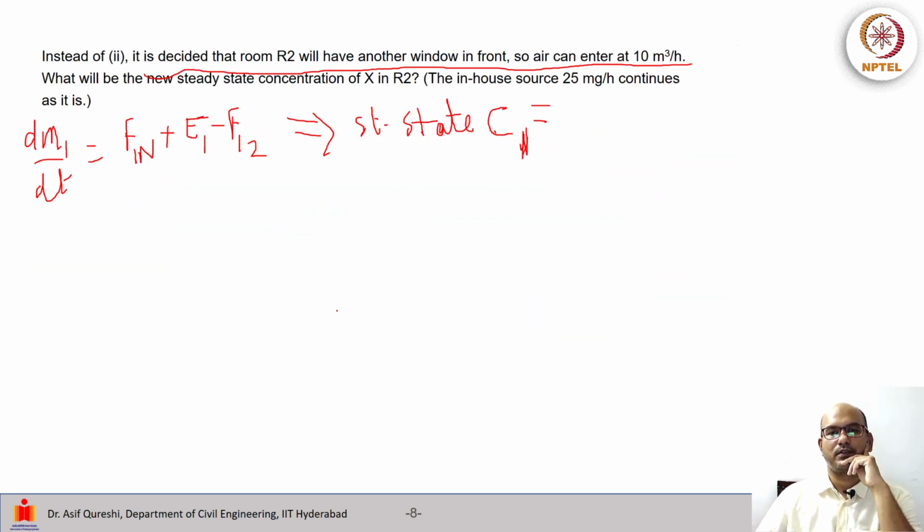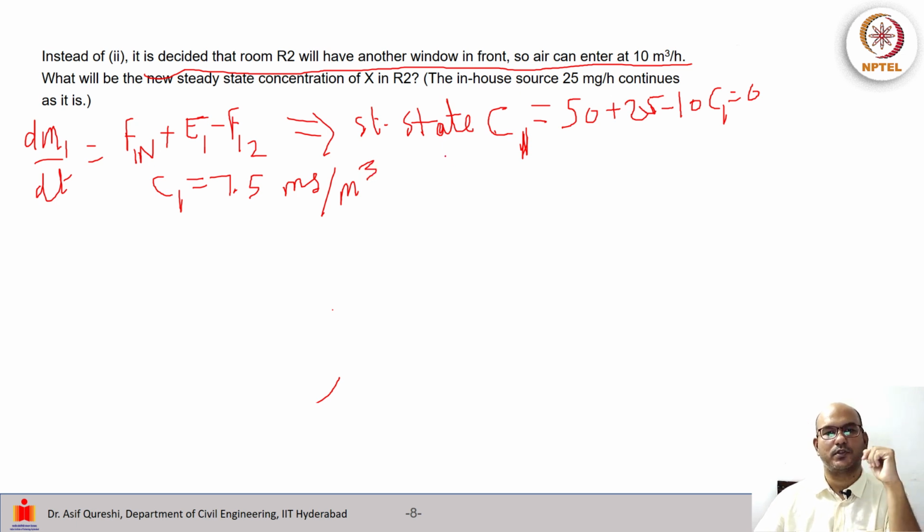We will have 50 plus 25 minus 10 C1 equal to 0. So C1 again will be 7.5 mg per meter cube. So in terms of C1, no change.